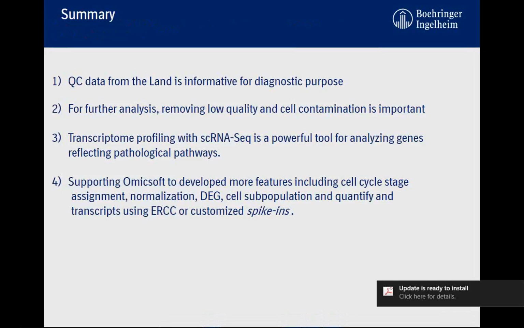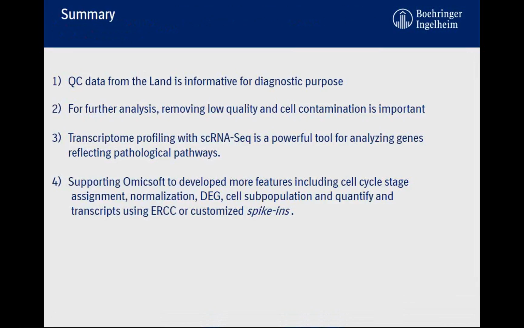Without this data, when I read a paper, I couldn't quickly understand what they did and what we can use. And also, be really, really careful to remove not only low-quality data but also contamination. Make sure of each cell's ID, that it's really the cell you think it is. And the transcriptome profile of single-cell RNA-seq is powerful.